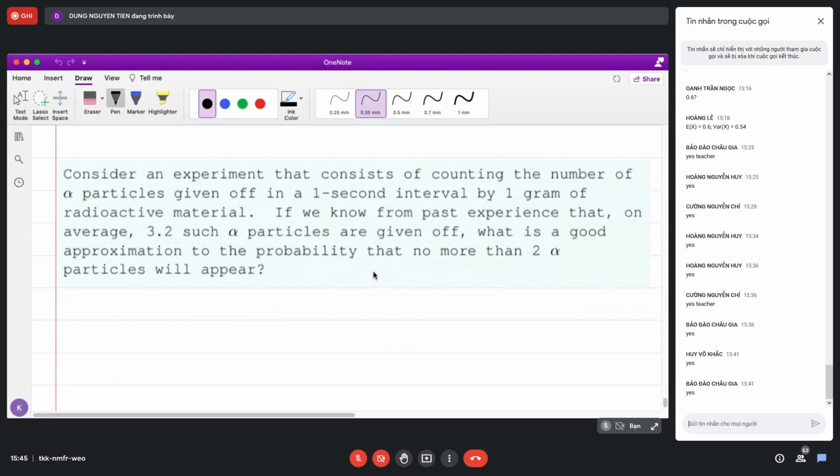If we know from past experience that on average 3.2 such alpha particles are given off, what is a good approximation to the probability that no more than 2 alpha particles will appear? Do you know how to solve the problem?